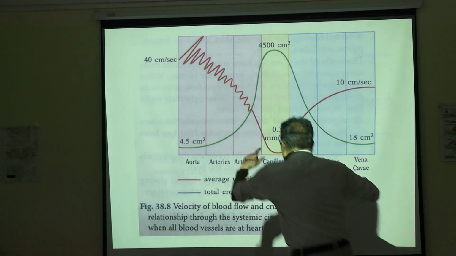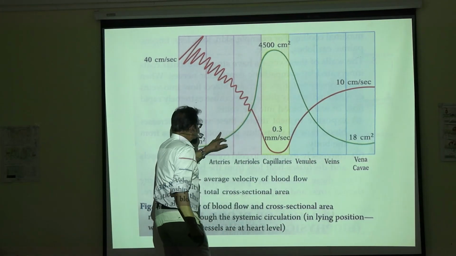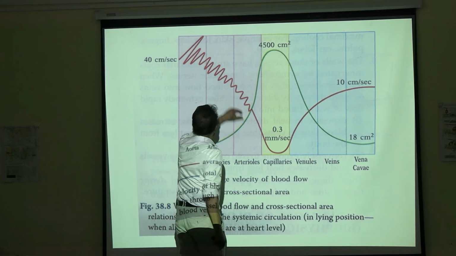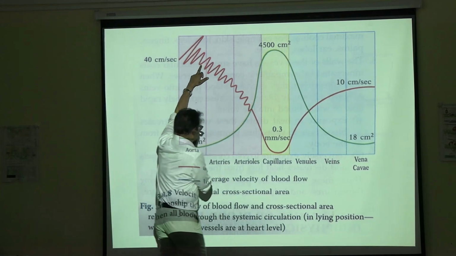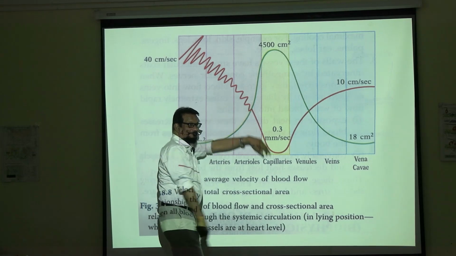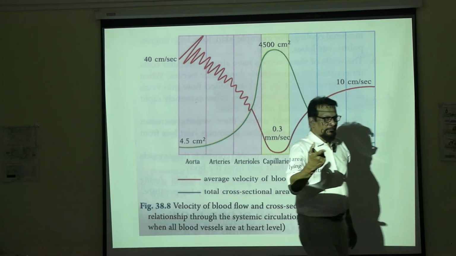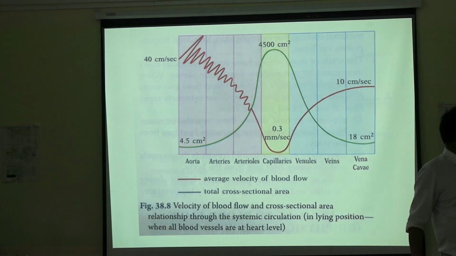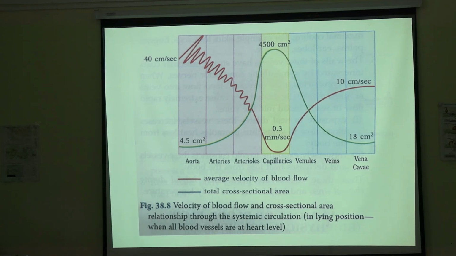So cross-sectional area in arteries is increasing, in arterioles it is increasing, but when area is increasing, velocity is decreasing. Come on, one plastic pipe, water is passing through, and you are washing your car. But water is coming like this.